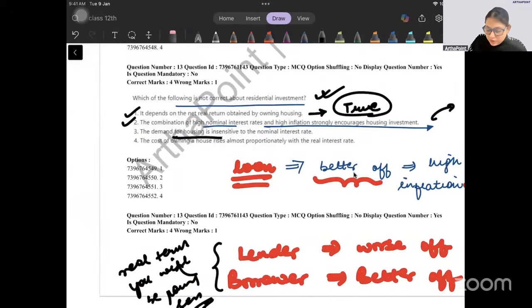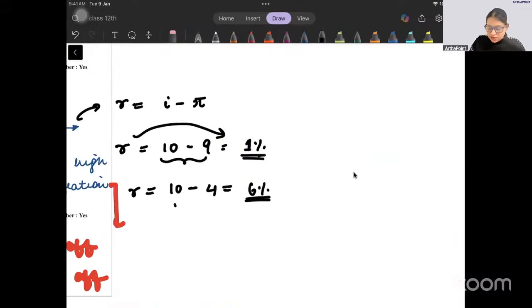The demand for housing is insensitive to nominal interest rate. वो तो नहीं है. It will be sensitive to the nominal interest rate also, ना, क्योंकि nominal interest rate will determine the real interest rate. So it cannot be insensitive. अगर nominal interest rate कल को 10 की जगह 30 हो जाए, and inflation 9 ही रहे, so your real interest rate will increase.